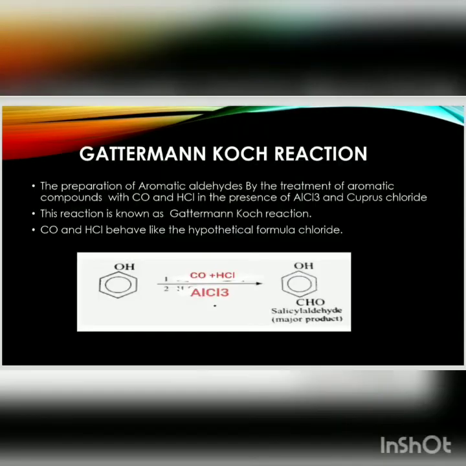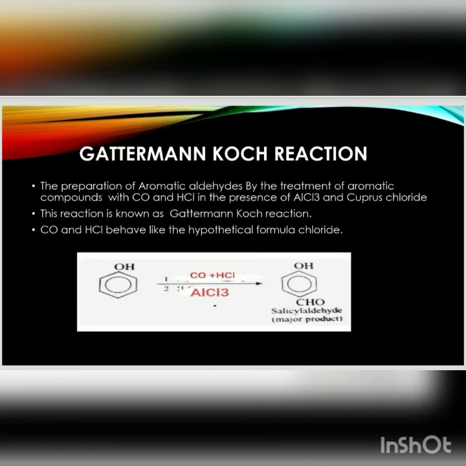By this removal of H plus ion, we will get ortho-hydroxybenzaldehyde. And the next reaction is the Gattermann-Koch reaction. The Gattermann-Koch reaction is a preparation of aromatic aldehydes by the treatment of aromatic compounds with carbon monoxide and HCl in the presence of AlCl3 and cuprous chloride. In this reaction, phenol reacts with CO plus HCl in the presence of AlCl3 to form para-hydroxybenzaldehyde.